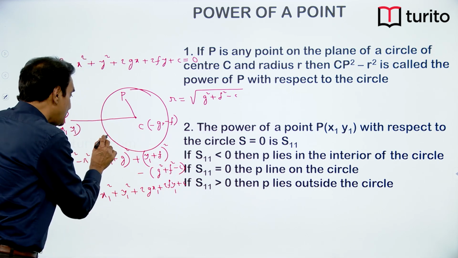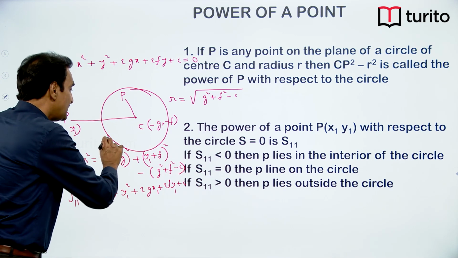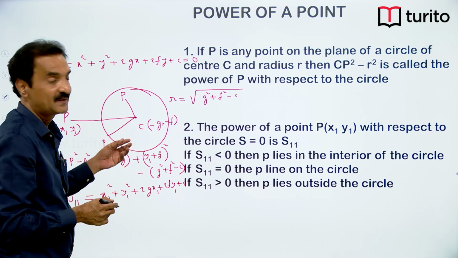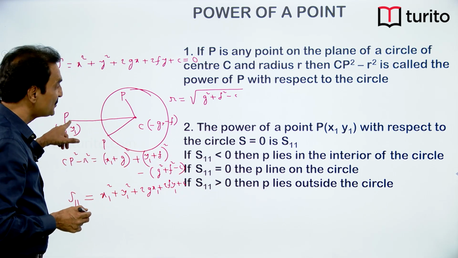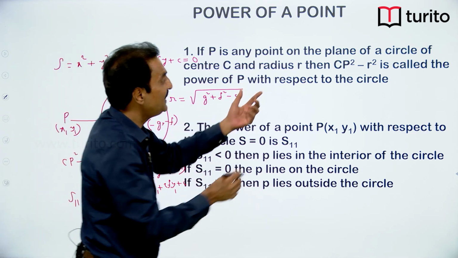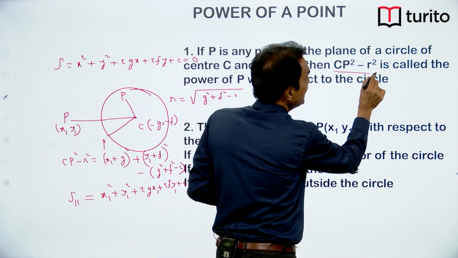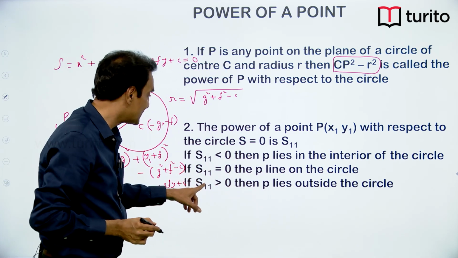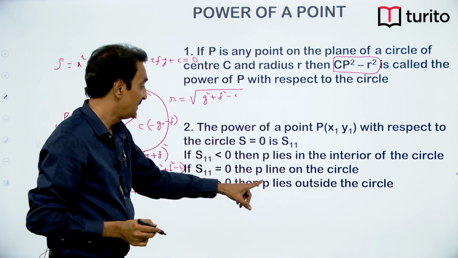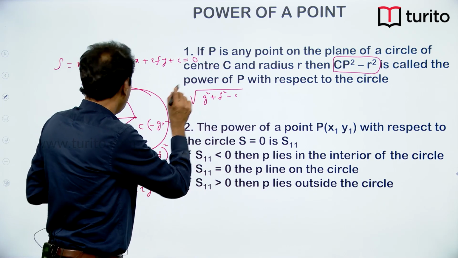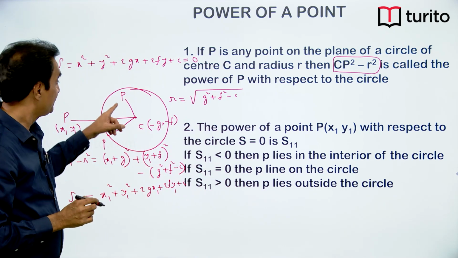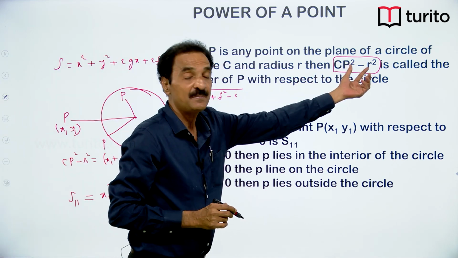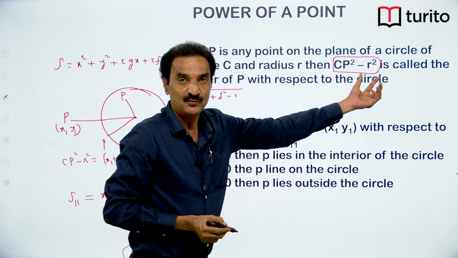If the point P is on the circle, then the distance of P from the center is equal to the radius. So, when P is outside, since CP is greater than the radius, CP square minus R square will be positive, means S11 is positive. And if P is inside the circle, then CP is less than the radius, so CP square minus R square will be negative.